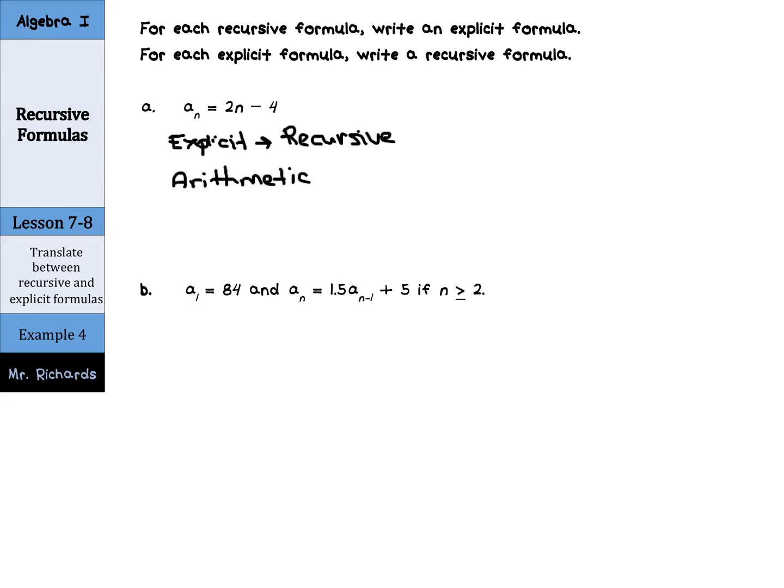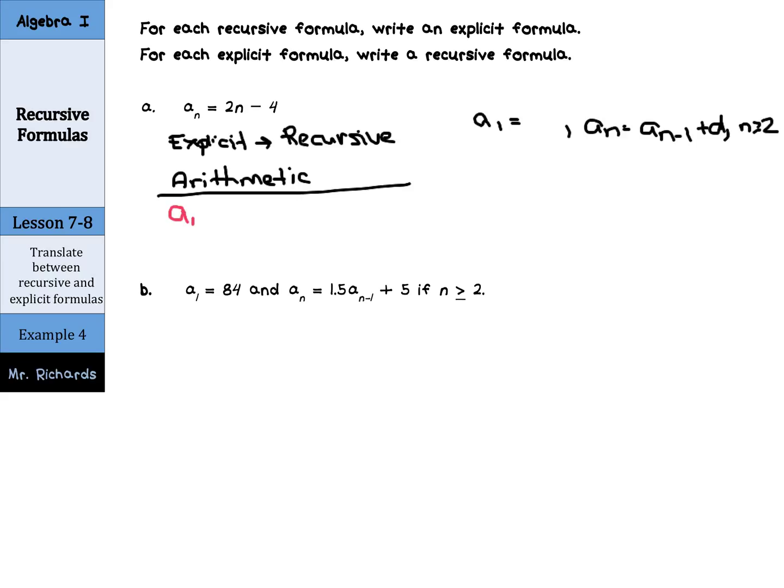And so what we need to be able to do is to write this in the form, all right, I have my first term equals something. Then, for any term, we're going to look at the previous term and add the common difference as long as n is greater than or equal to 2. Well, first we need to find what that first term is.